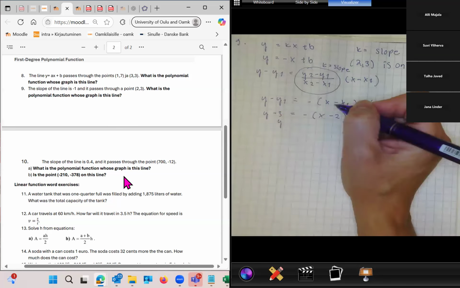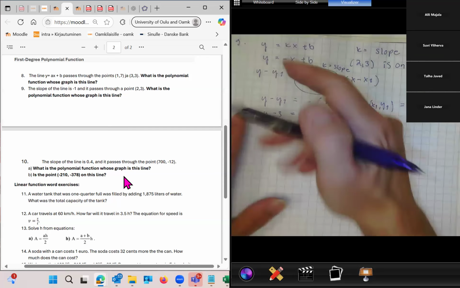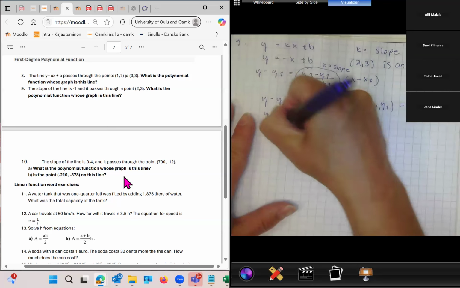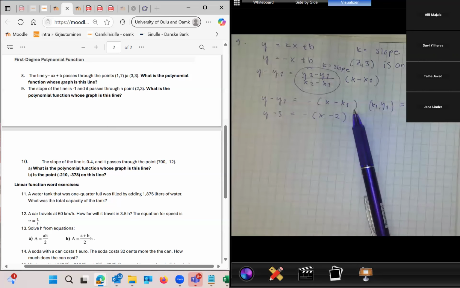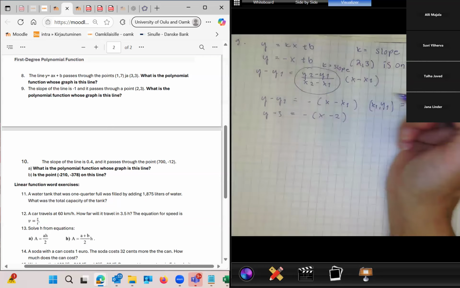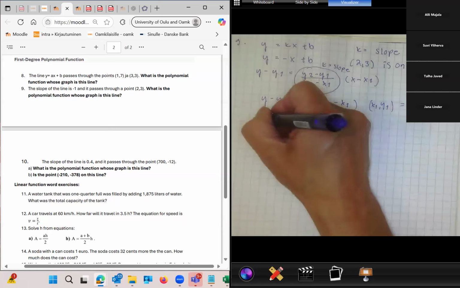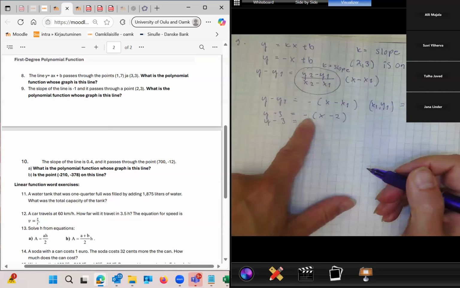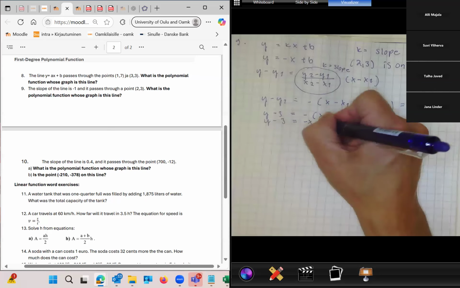And then just, well, okay, let's do one more. Okay, so y minus 3 is, and now I have a minus sign here, so there's minus x plus 2.